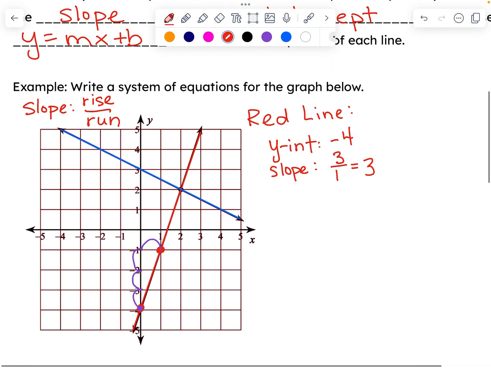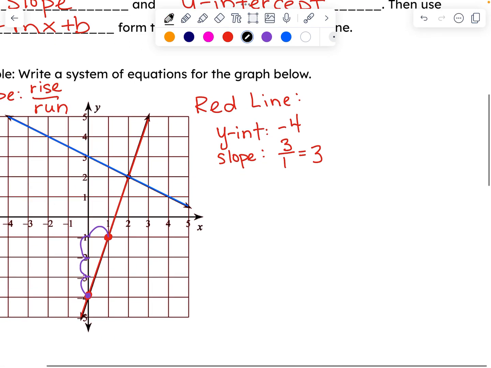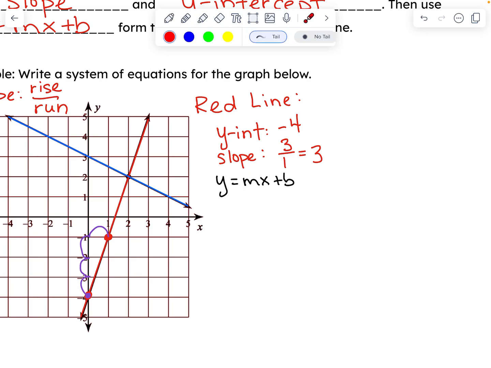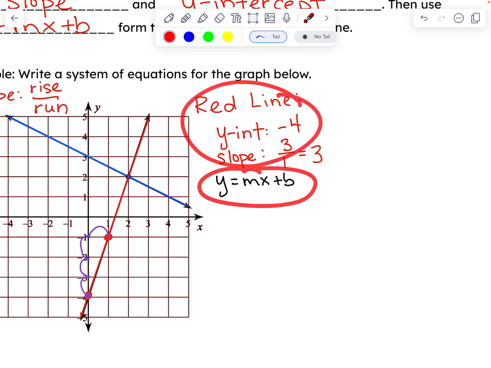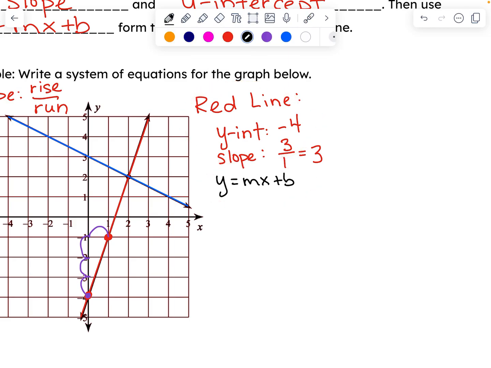Okay, so now we can write our equation. Remember, we have equations like y equals mx plus b. If I want to turn this red line into an equation that looks like this, all I need to do is plug in my slope of 3 for m and my y-intercept of -4 for b, and I get this beautiful equation.